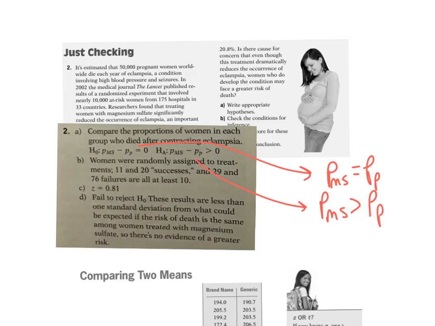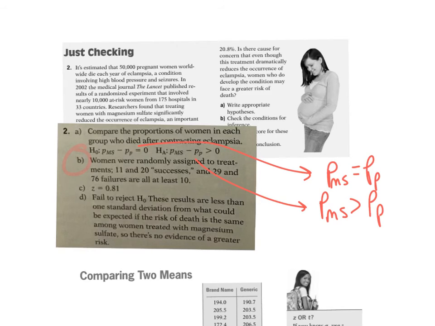The reason it's greater as well, just as a reminder, is it says, does this treatment dramatically reduce the occurrence of eclampsia for women who develop the condition, have a greater risk of death? So if you usually look at the last statement, that tells you what your alternate hypothesis is going to be.